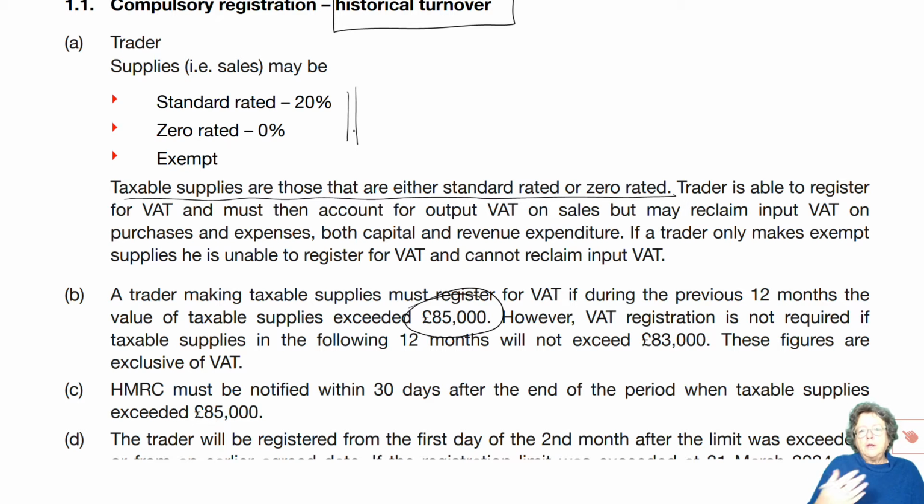You can then register for VAT, and you register for output VAT on sales, but that enables you to reclaim the input VAT on any purchases and expenses, both capital and revenue in nature. If you're only doing exempt, which is this one, then you can't register for VAT, you can't charge VAT, and you can't reclaim your input VAT.